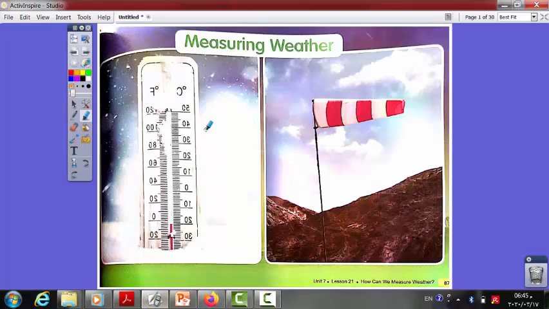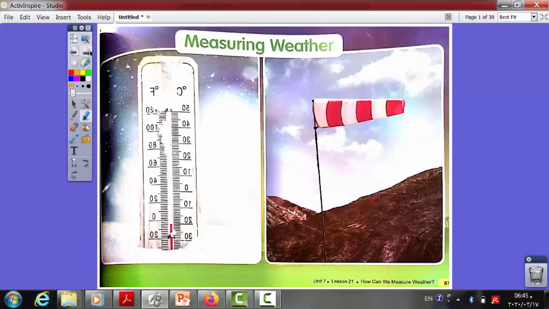So our lesson today is about measuring weather. We have here two tools that we can use to measure weather. This one is called what? Thermometer. We use it to measure temperature. And this one is called what? Windsock.